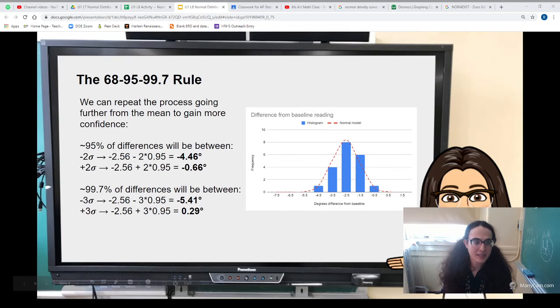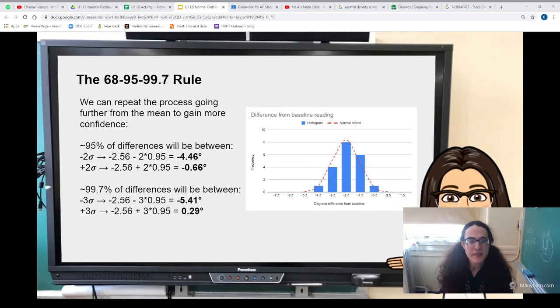And then last but not least, we can really push our confidence by trying to capture a lot of the distribution, almost the entire distribution. Like 99.7% of all of these differences will be somewhere in this region, from negative 5.41 degrees to plus 0.29 degrees. So actually overestimating the temperature.